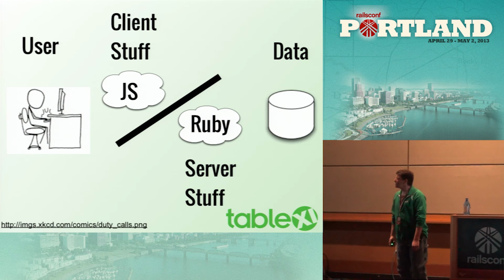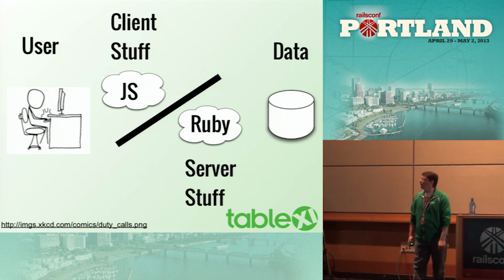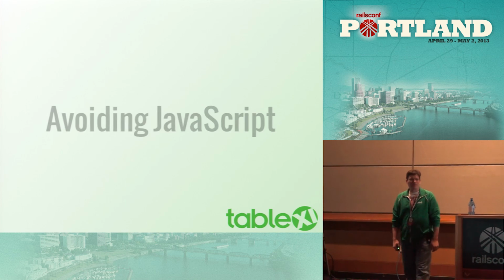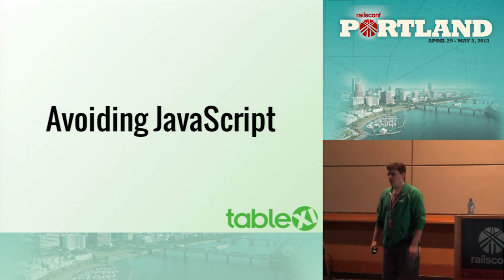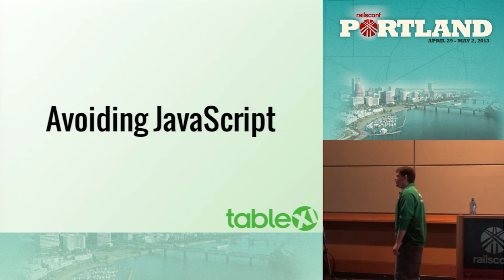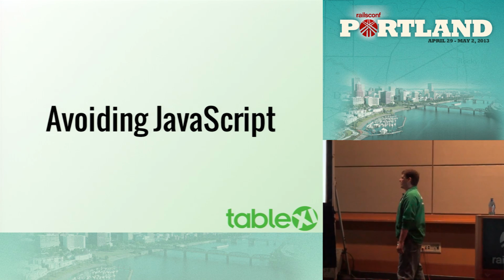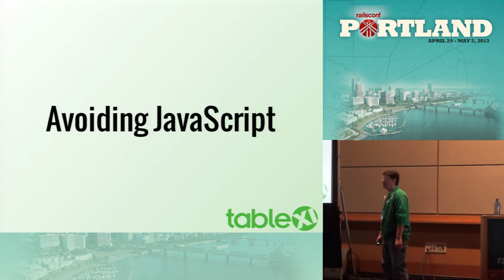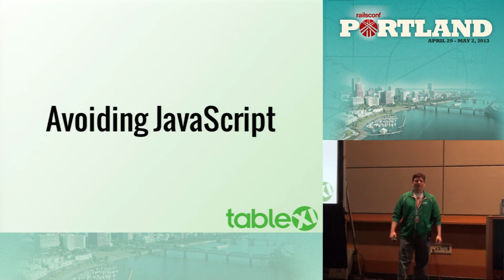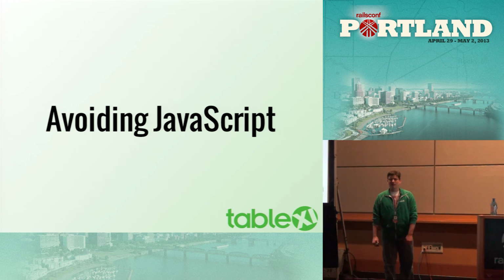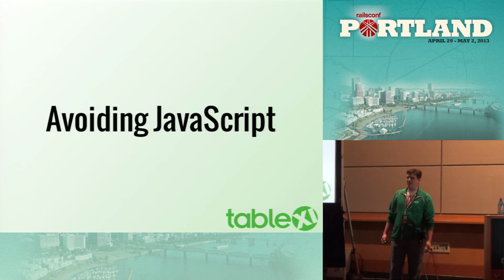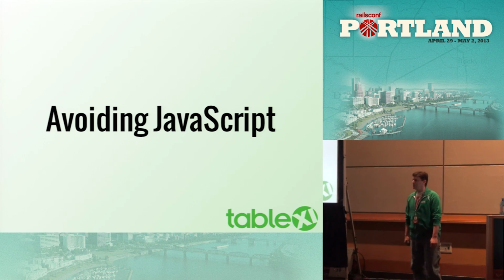Rails has historically dealt with JavaScript by avoiding it. Until relatively recently, the primary way in which a Rails application dealt with JavaScript was to pretend it didn't exist. So many of the people here wrote RJS, which was an attempt to find the most important JavaScript things that you would do and try and write them in Ruby.